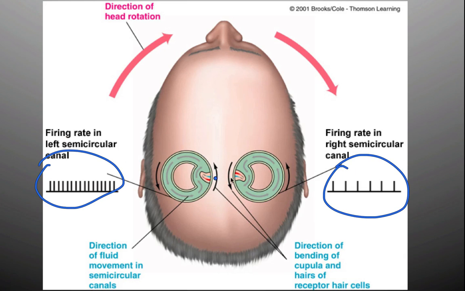Each one is fine-tuned to respond to the way that the fluid moves and then produce information to your brain about directional movement so you don't get confused or lose your balance. And that obviously takes a lifetime of learning to be aware of those changes and adapt to them.